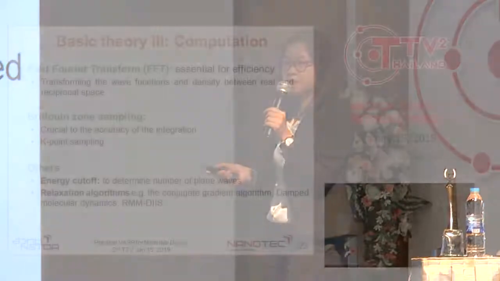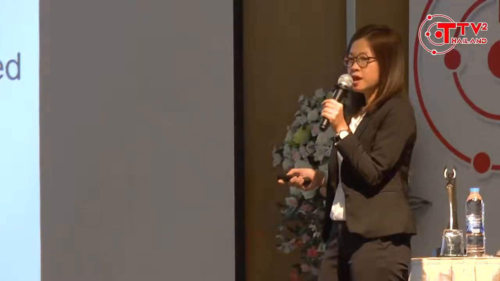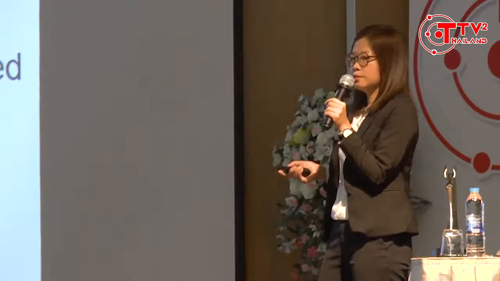If you want more accuracy, you have to use a denser K-point mesh to sample your system. And also the energy cutoff specifies the number of plane waves that you use in your calculation. The higher the energy cutoff, the higher the accuracy, but you have to weigh accuracy against computational time.